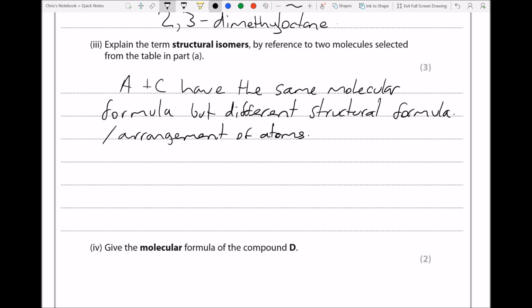Okay, so basically you're getting 3 marks. 1 for identifying that A and C are structural isomers. They have the same molecular formula, which gets you the 2nd mark, but different structural formulas is the 3rd mark. So that gets you all 3 marks there.